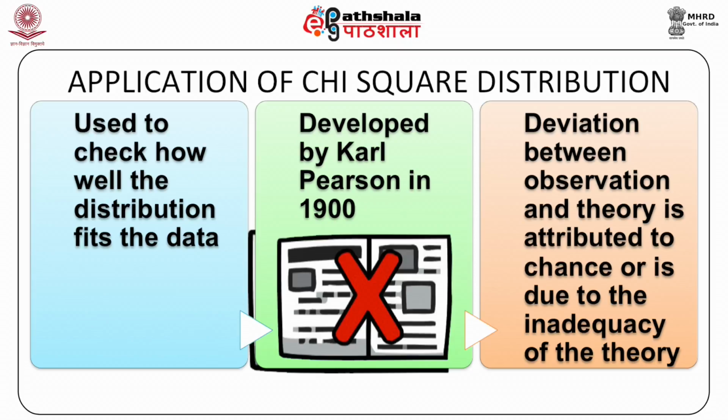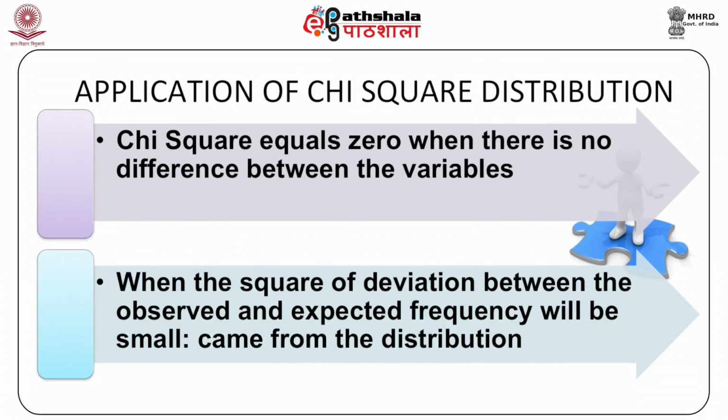In other words, it is used to test if the result of an experiment supports the theory or the hypothesis. The goodness of fit test is based on a chi-square distribution. Chi-square equals 0 when there is no difference between the variables. It is always positive.